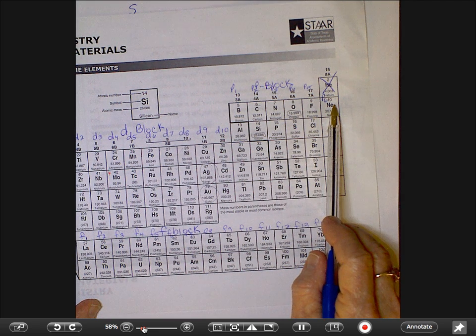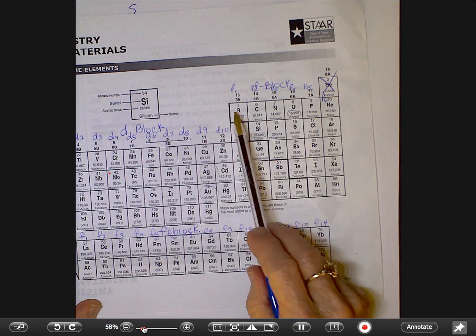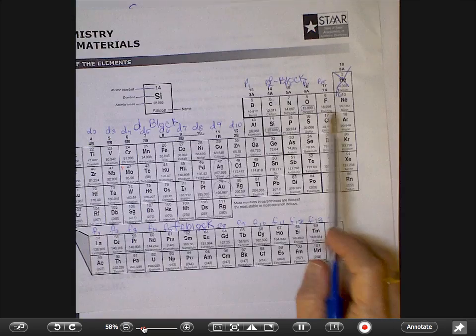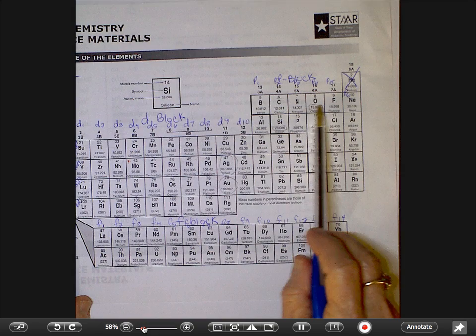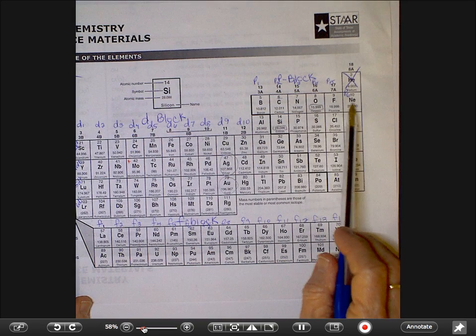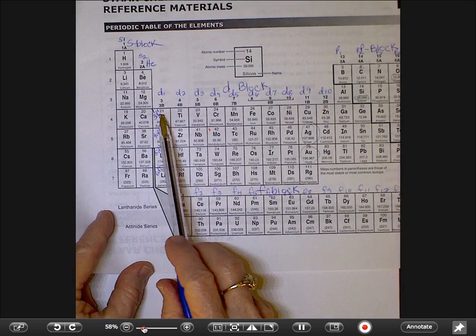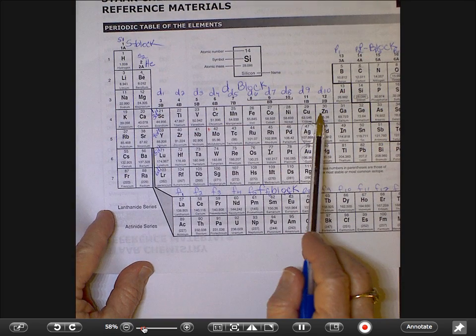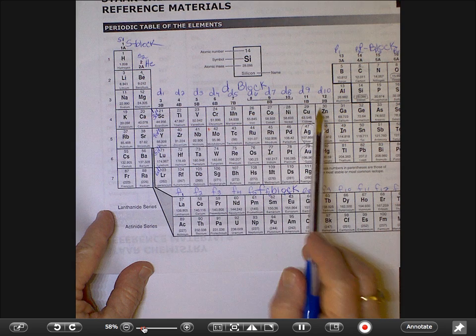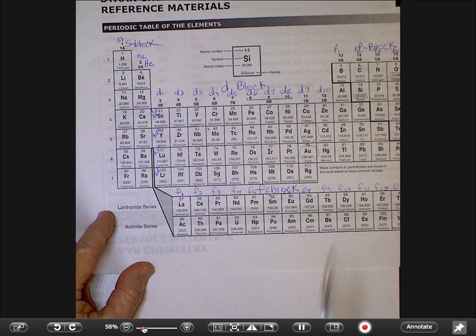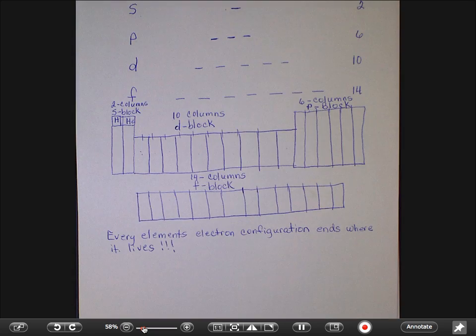It also takes 6 electrons. Does everybody understand? We will stay on a P for 6 elements. We stay on an S for 2 elements. We stay on a D for 10. Does everybody see it? And we would stay on an F for 14 elements before the F would ever get full. All right. With that being said, we are starting.